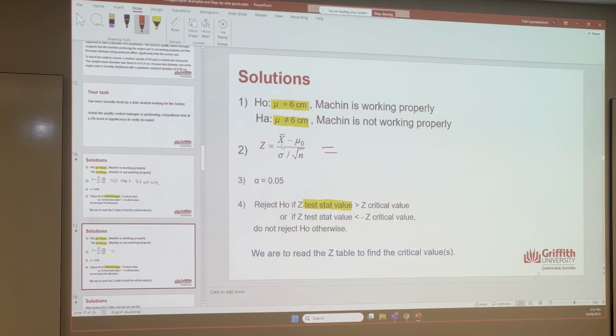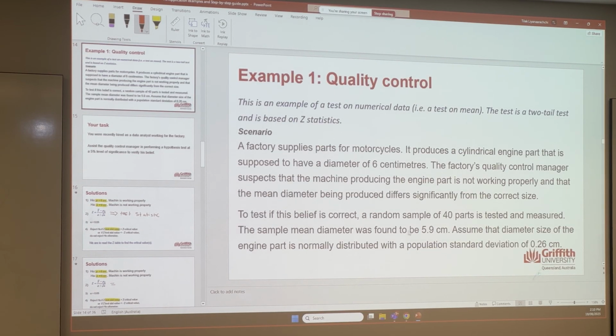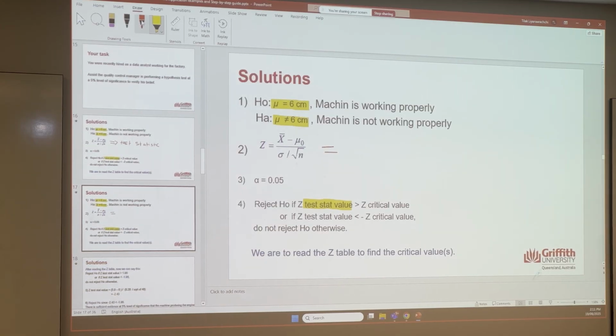So you need X bar. How much is X bar? 40? No, 40 is the sample size. The mean diameter is 5.9, so X bar is 5.9.